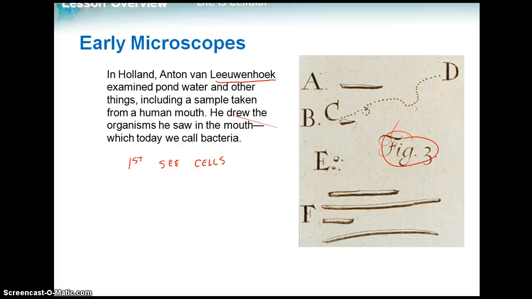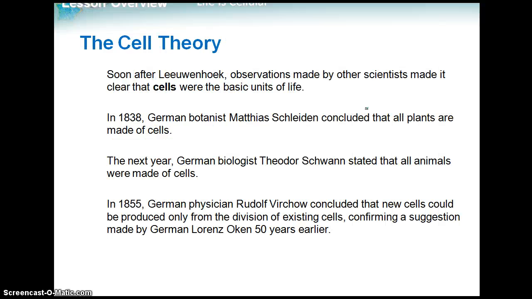Two hundred years later, another scientist from Germany named Matthias Schleiden was looking at plants underneath a microscope. He was taking little pieces of plants and looking at them, and he observed that all the plants that he looked at, the thousands of plants that he looked at, were all made of cells.